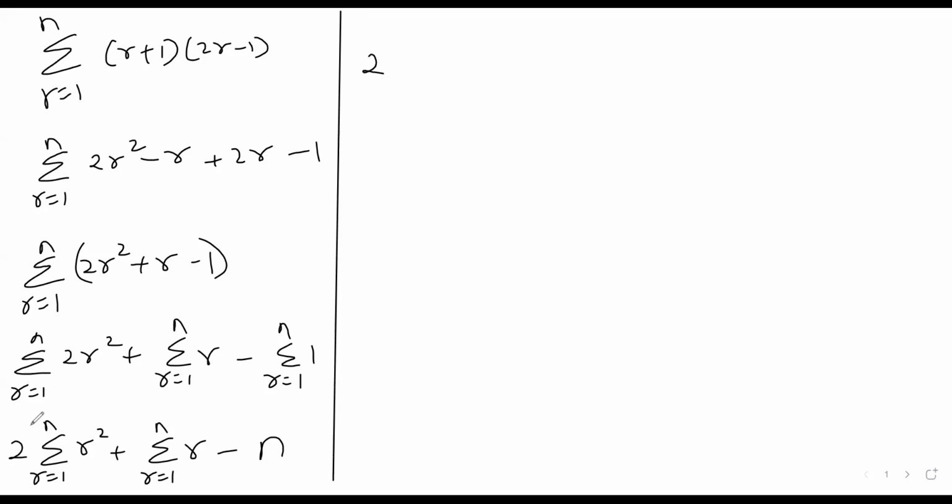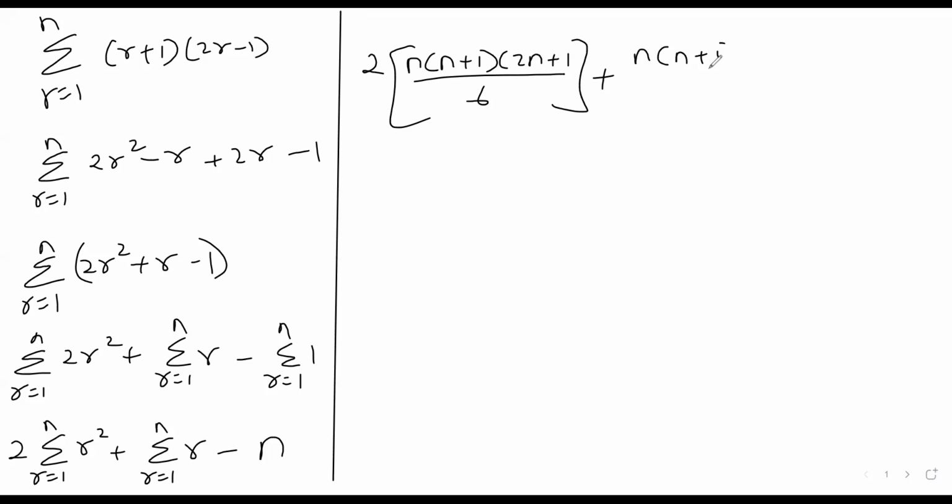So it is 2 summation of r square, that is sum of square of first n natural numbers, n plus 1, 2n plus 1 by 6, plus n into n plus 1 sum of first n natural numbers by 2 minus n.